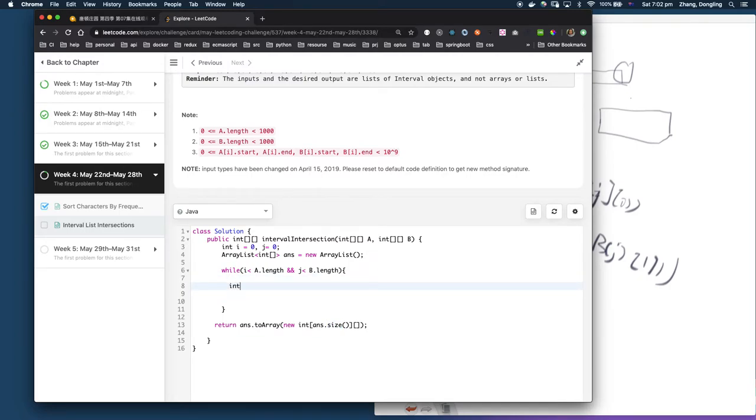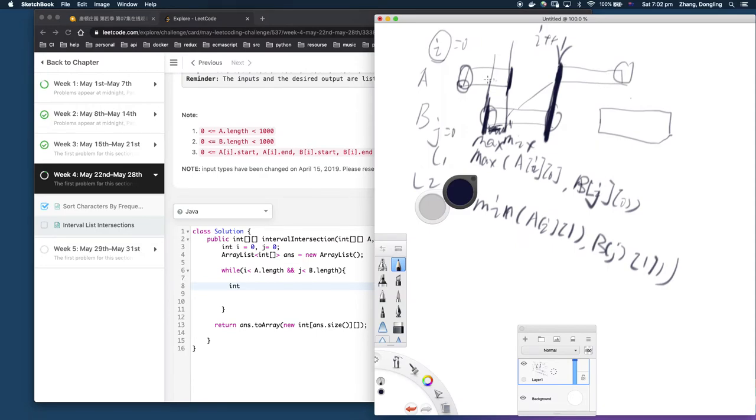In here, we just pick up, like I said, two values. One is the maximum of the start positions, the second is the minimum of the end positions.